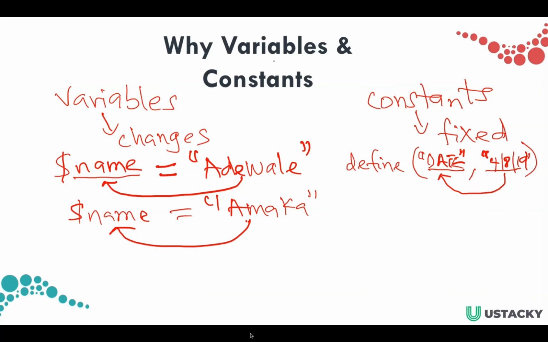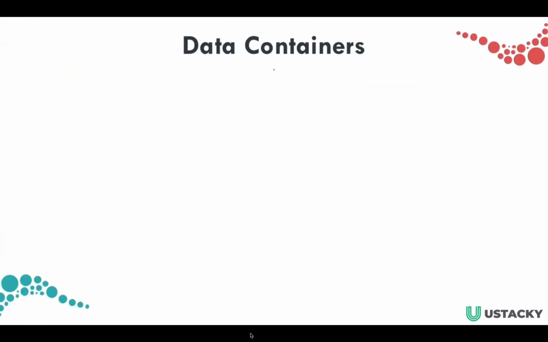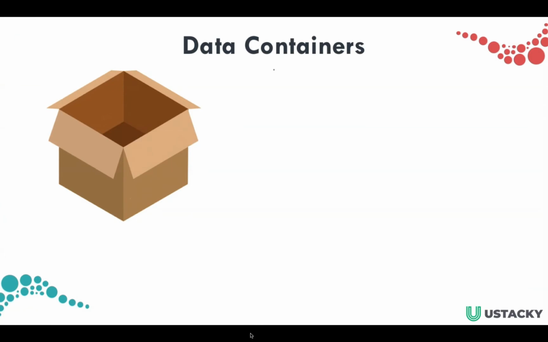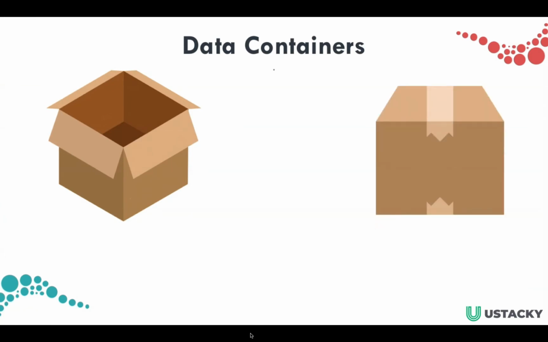Now let us visualize variables and constants using boxes. Here we have two boxes. We have an open box and we have a closed box. The open box represents variables and this represents constants.